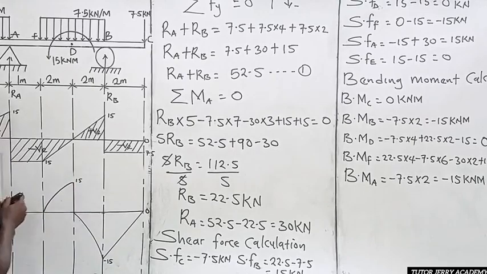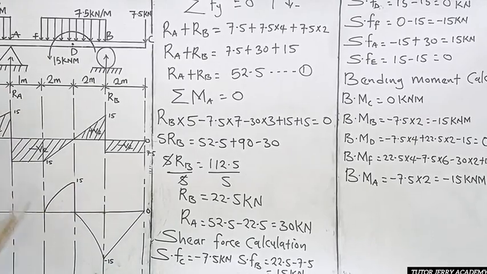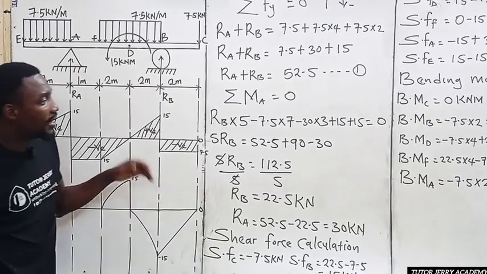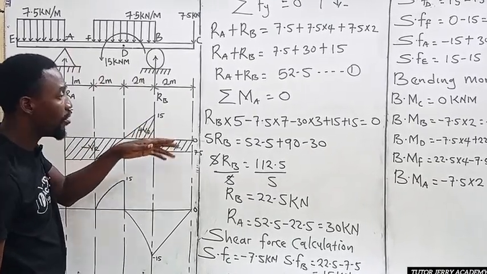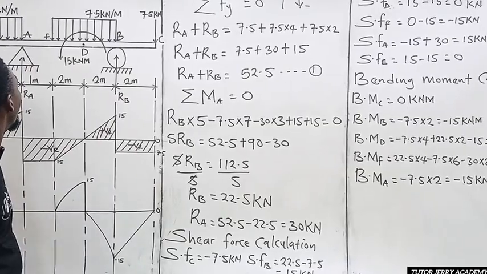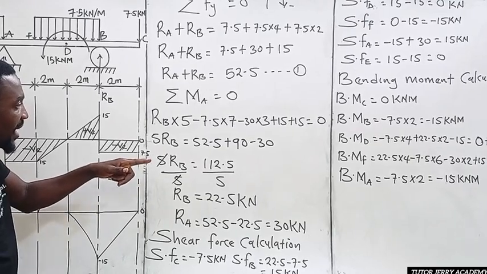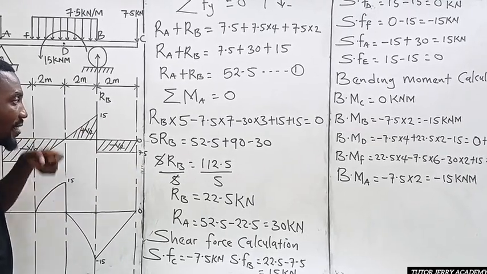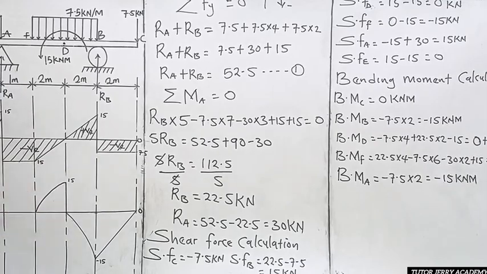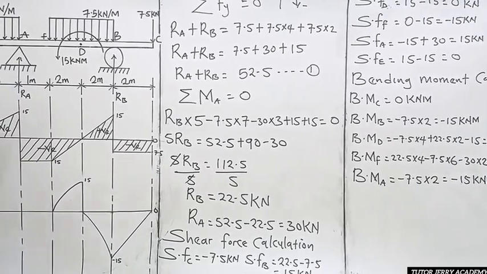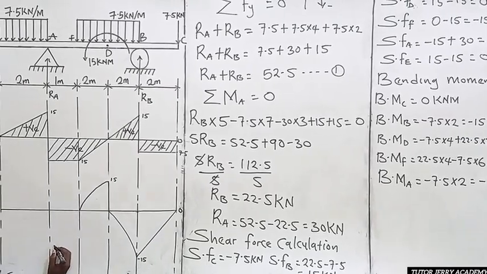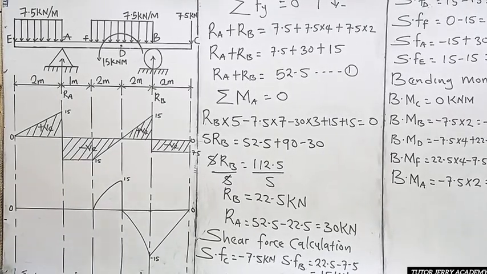All right. So now from this F, we move to A, right? And our A is negative 15. So here we have negative 15.